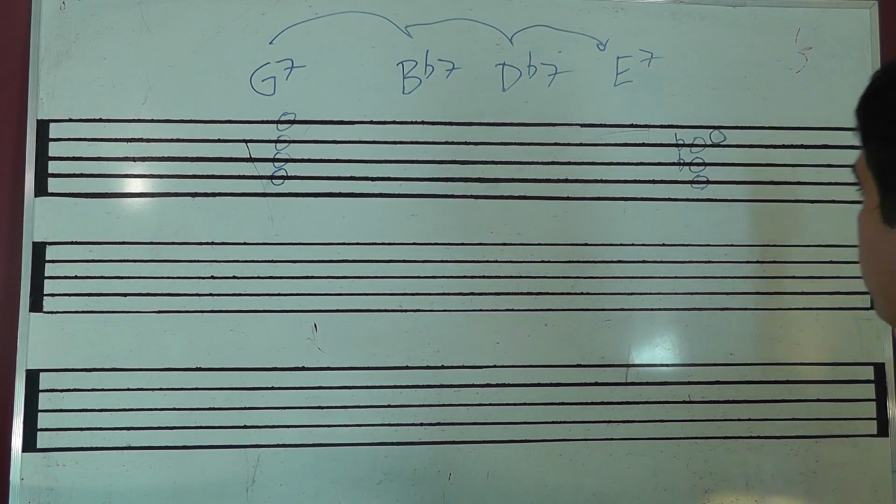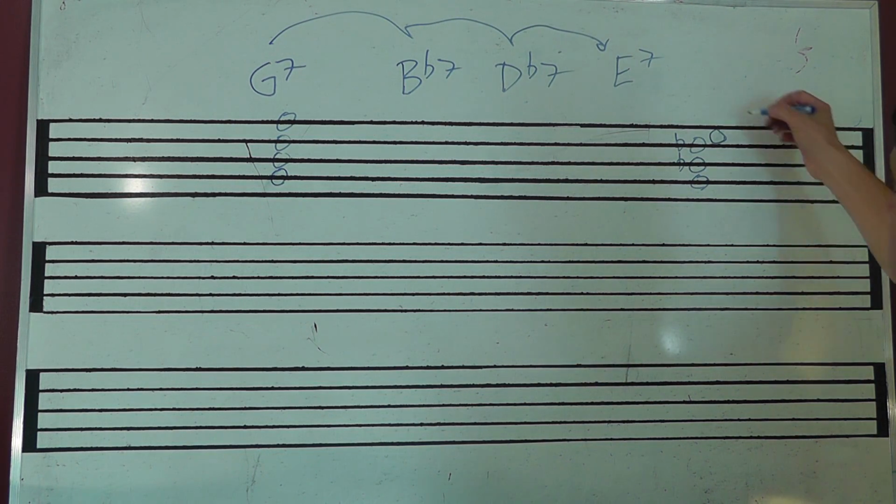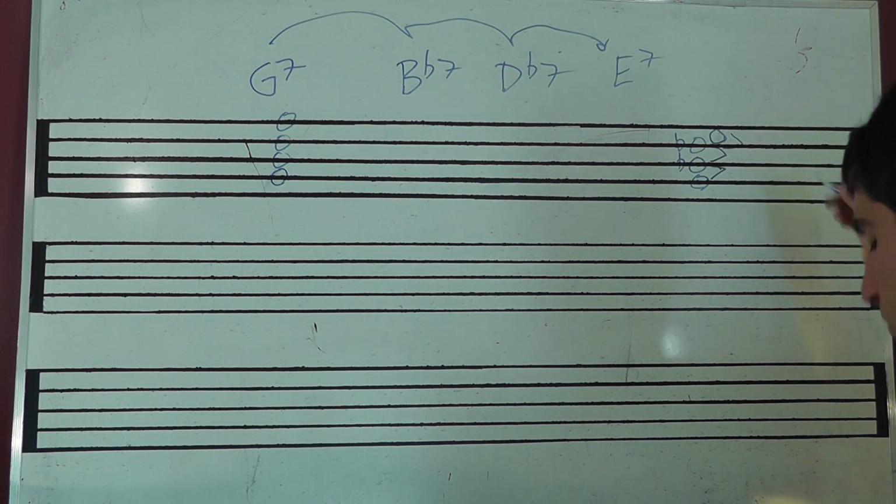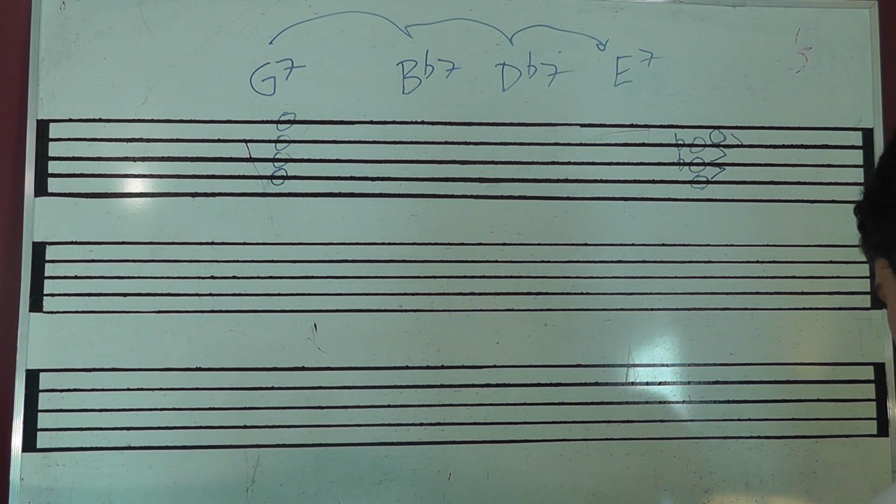And E. What is this chord? I'll give you a second. It's a diminished chord. It's a diminished chord because it's a stack of all minor thirds of the intervals. So you've got this diminished chord.